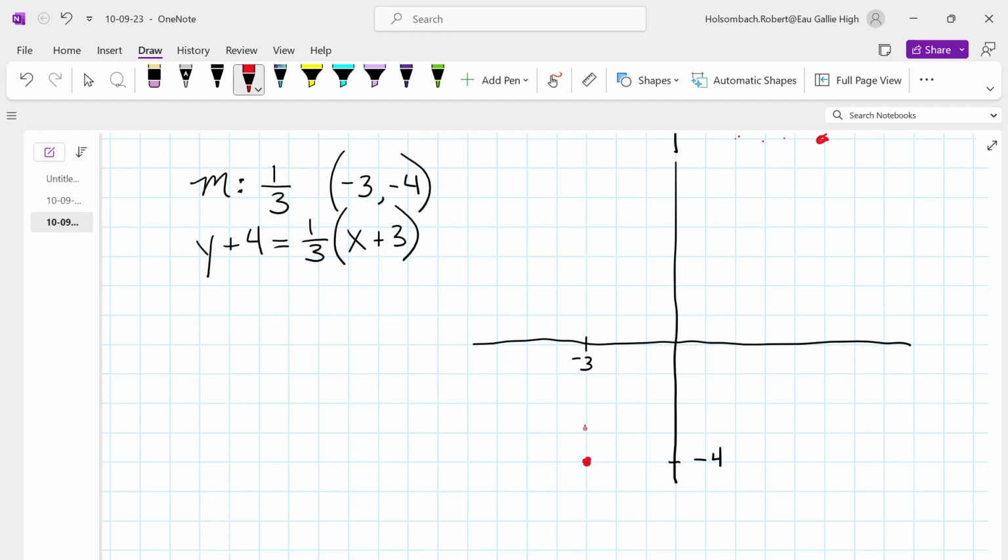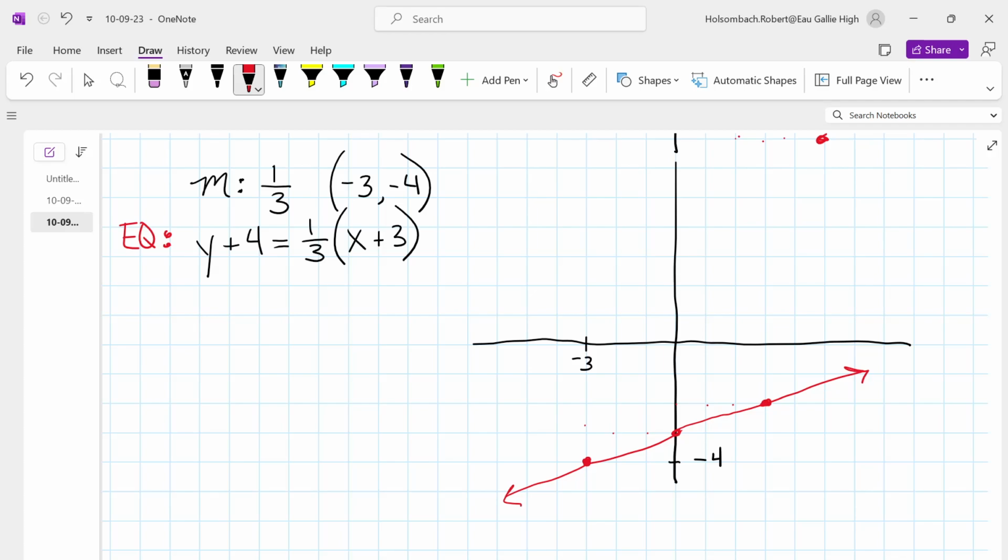So I rise 1, run 1, 2, 3. Rise 1, run 1, 2, 3. There's your graph. Here's your equation in point-slope form. And there's your graph.